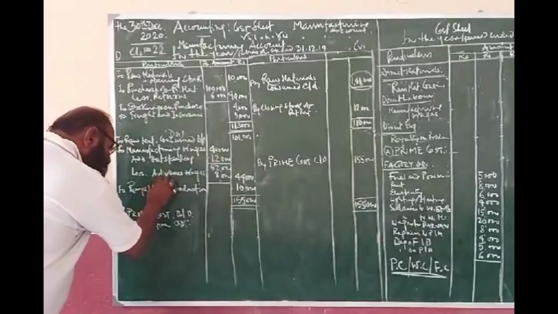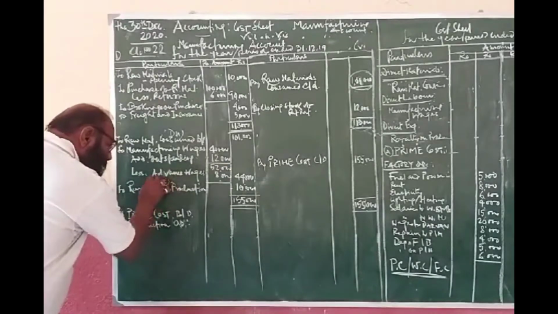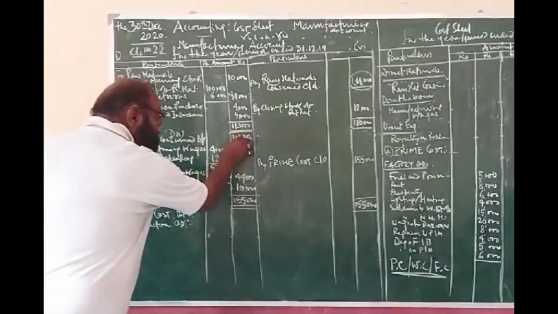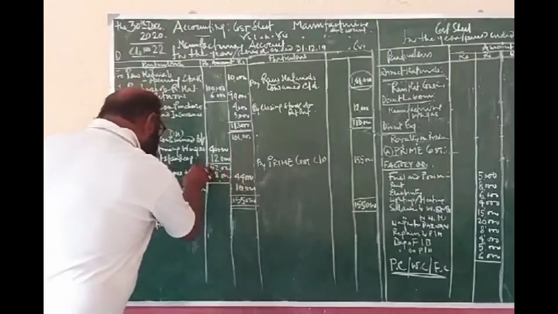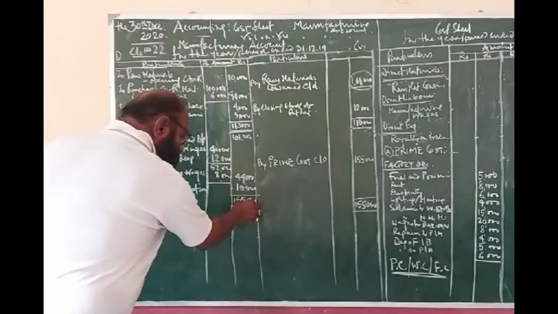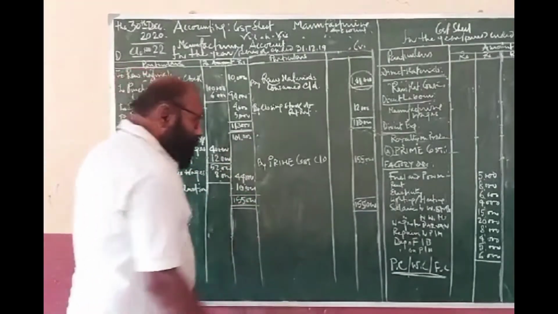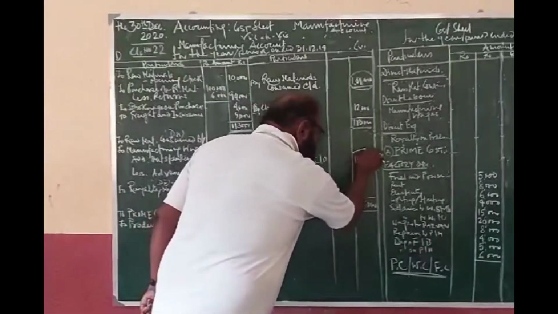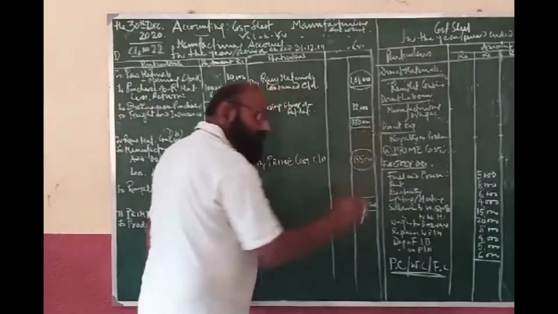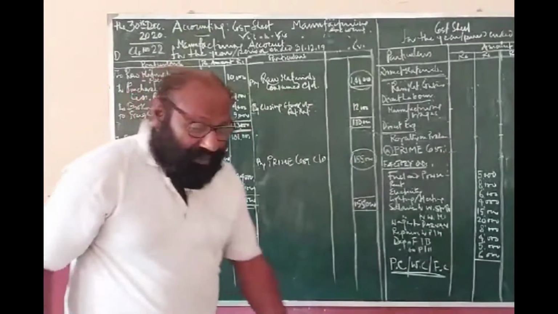That is direct expenses. Okay. Now the total is direct material, direct labor, direct expenses. Totals 1,55,000. So this is the total amount of prime cost. Clear?